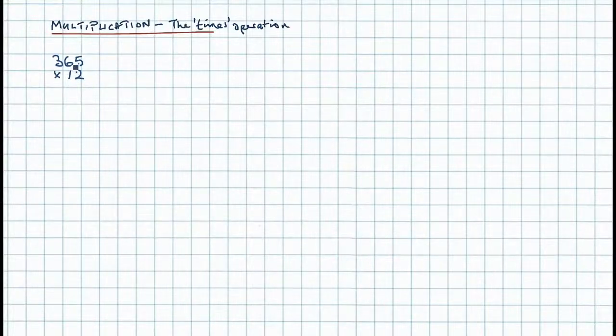Now it's a good idea to have the larger number at the top, and we call the larger number the number that we're actually going to multiply, the multiplicand. Let's just write that down, multiplicand, and this is the multiplier.